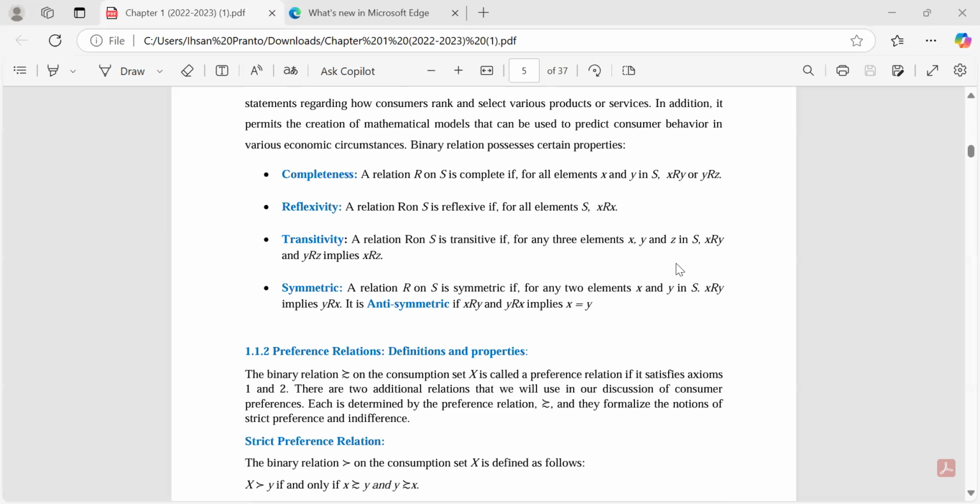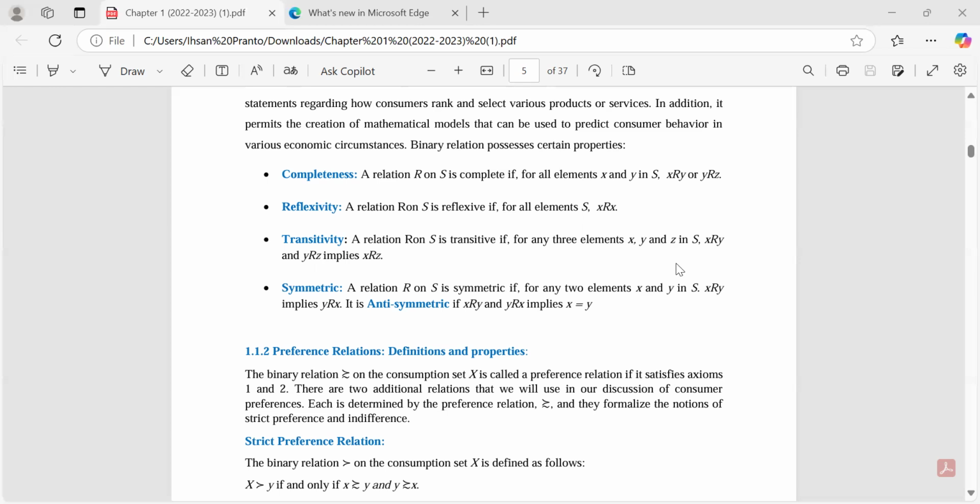Then we have to talk about the types of preference. What kinds of preference are there in economics, in microeconomics basically? So strict preference, weak preference, then indifference, etc. So mainly, what can preference do? Preference can be represented by utility functions and indifference curves.